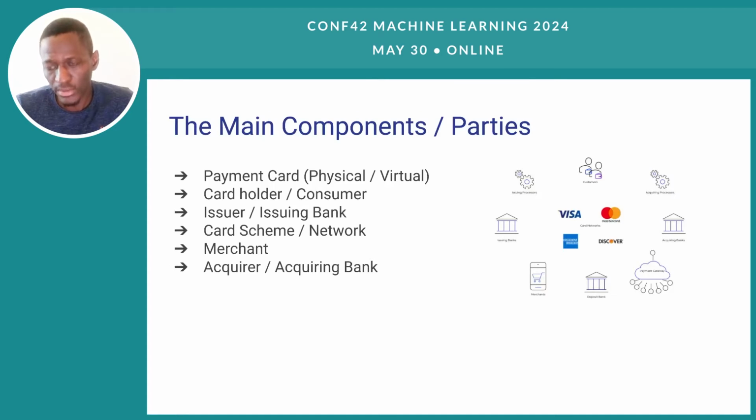And next is the acquirer bank. The acquiring bank, or acquirer, is a financial institution that processes card payments on behalf of the merchant. Usually the acquiring bank is the bank where the merchants have their own bank account. So if you think about you as a cardholder having your bank account with the issuer who issues you a card, then the acquiring bank is the bank where the merchants typically have their own account.